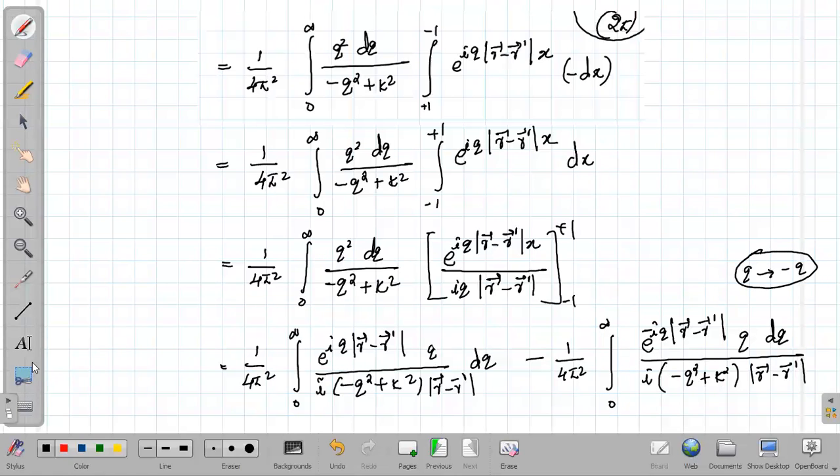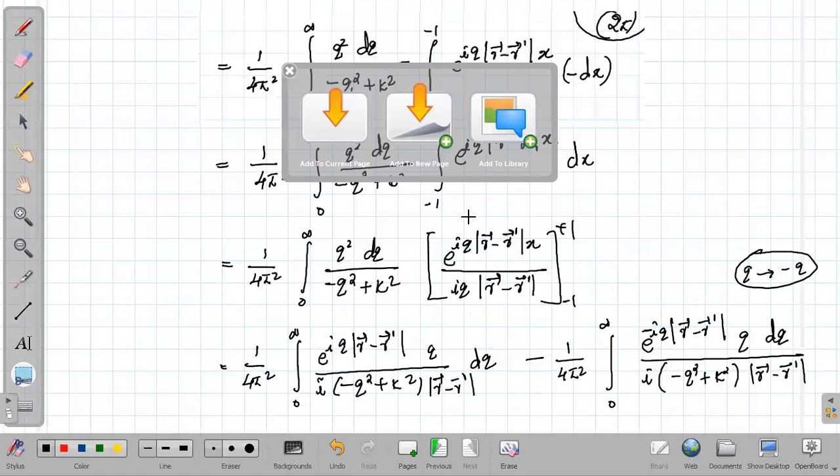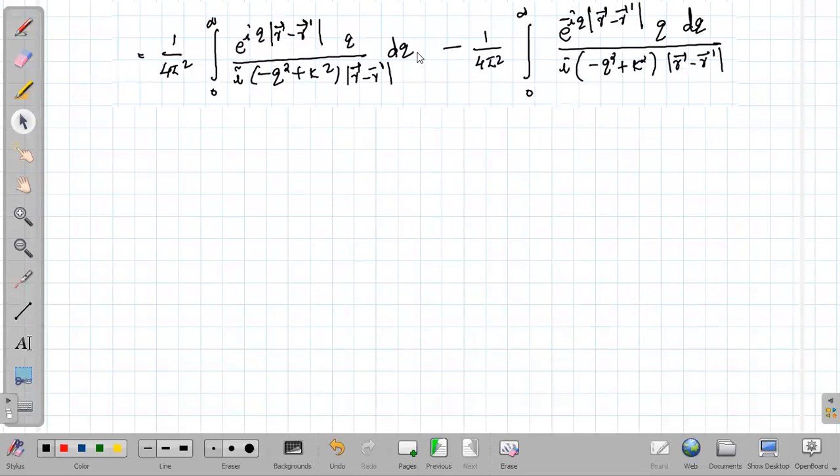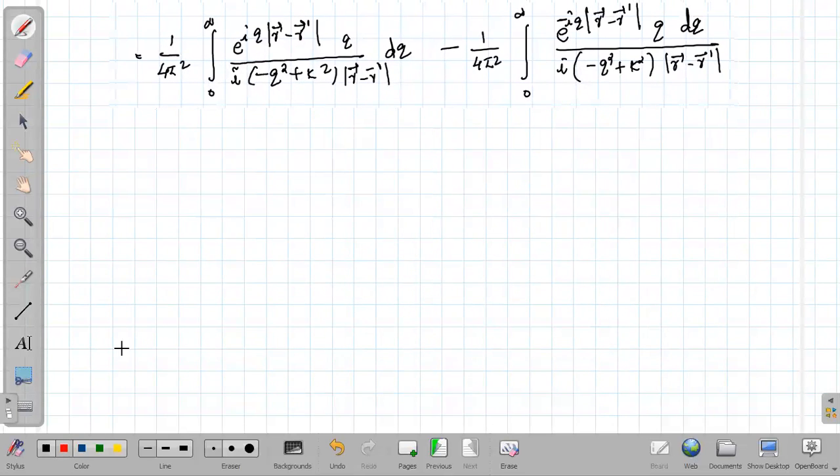Okay, so better I will write that on the next page. Put q to minus q in the second term.